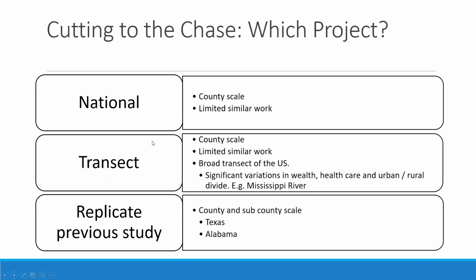So, what sort of project are we talking about? This is something I'd like specific feedback on. My advisor and I are trying to determine at what scale we're going to deal with this project. We've talked about a number of things, and these are basically the three options we've looked at.